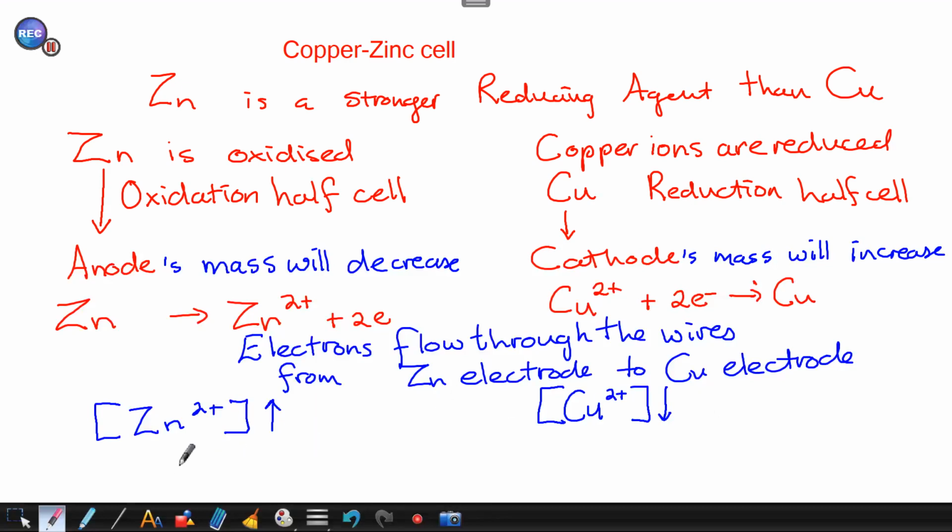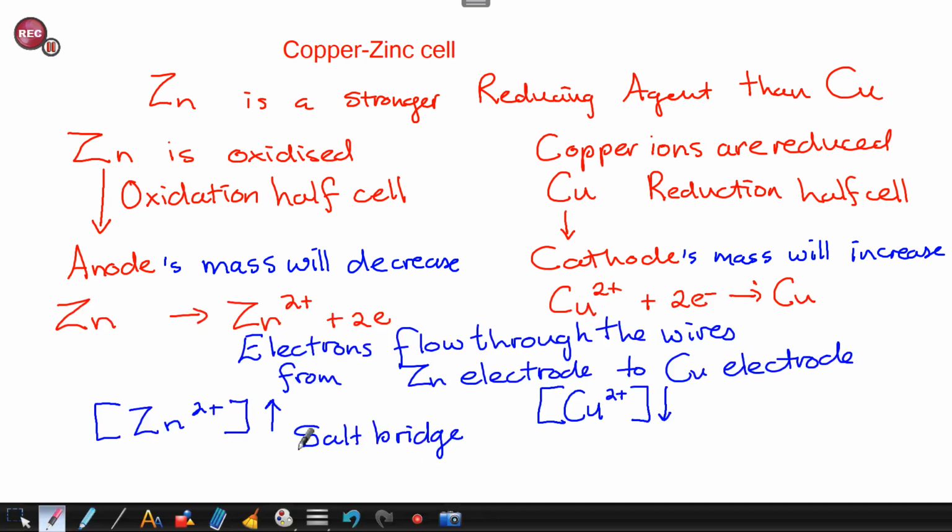So we need to help this reaction not to reach equilibrium, we need to prevent a charge buildup in the half cells. So what happens? That is where we have the salt bridge. Okay?